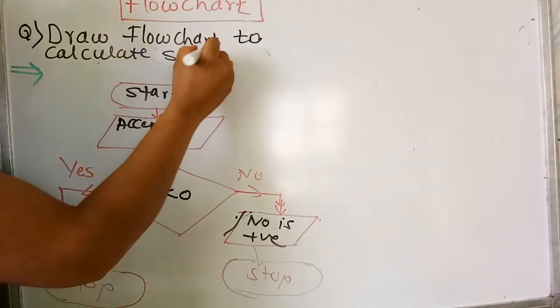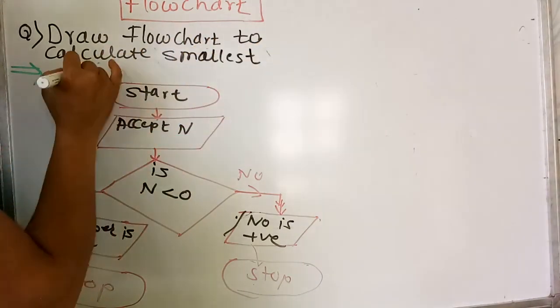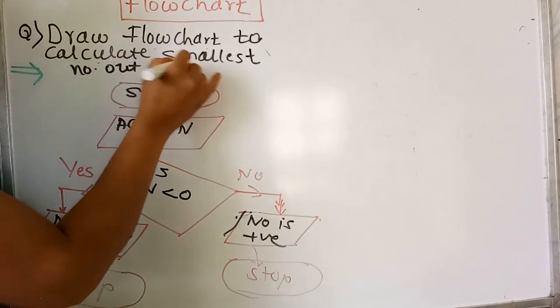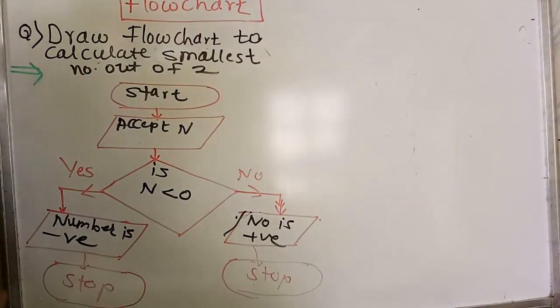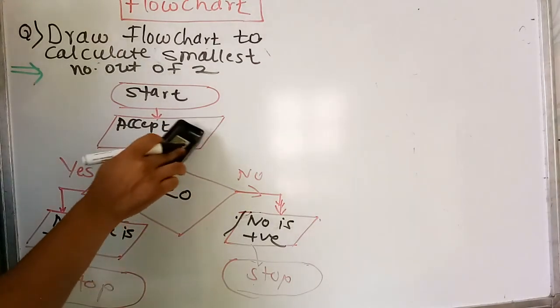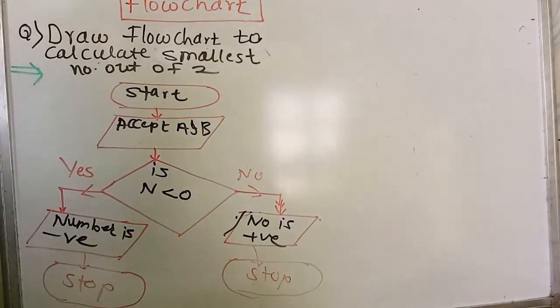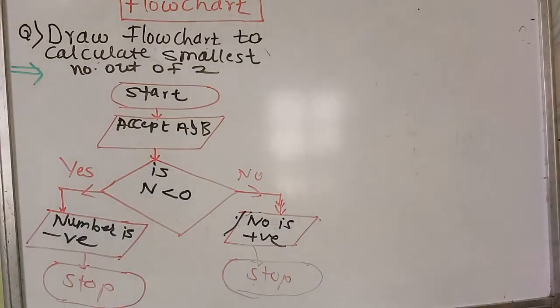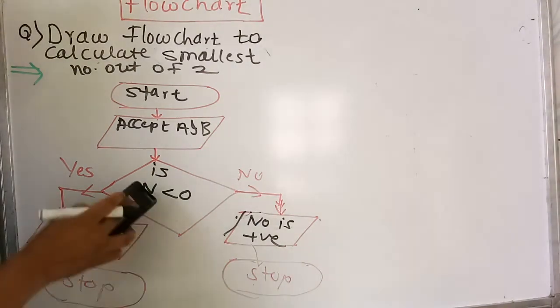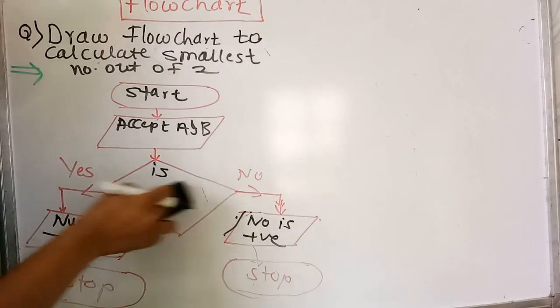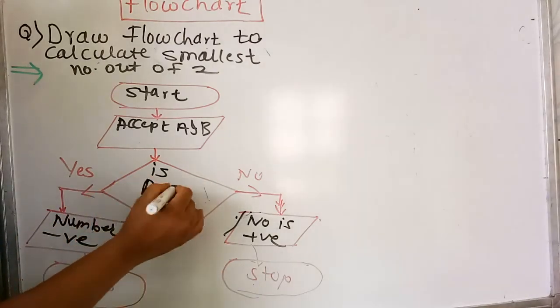So we will take an example to calculate the smallest number out of 2, which means we will accept two numbers from the user. For that we will change the conditions: accept A and B, the two numbers from the user, and we will check them between themselves, that is, is A less than B?